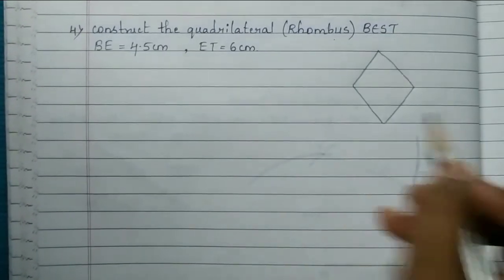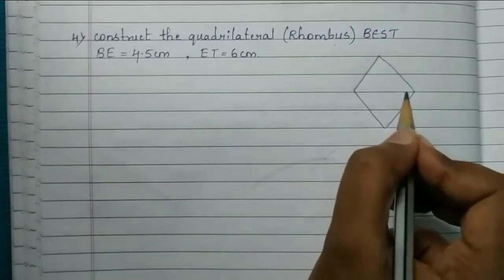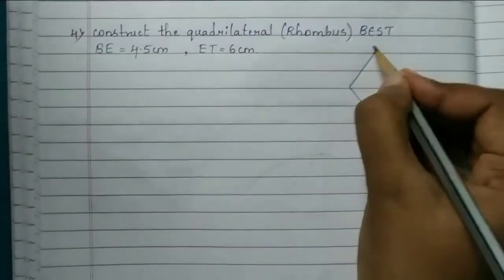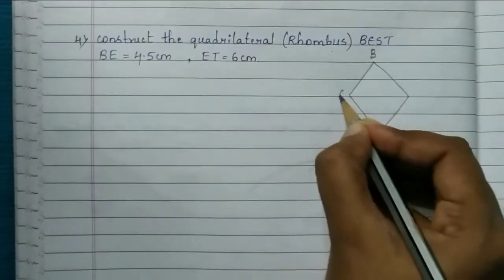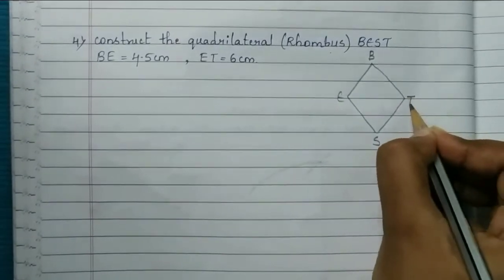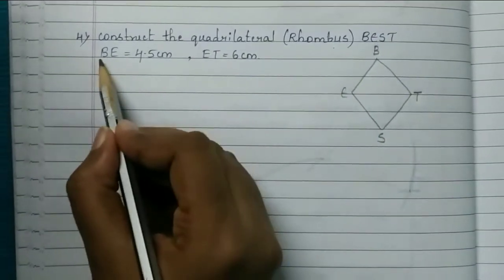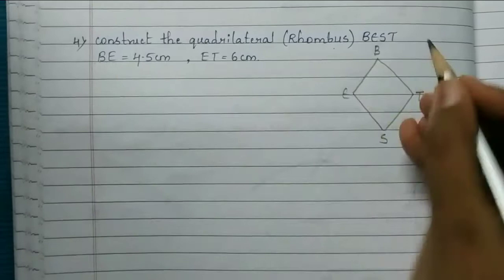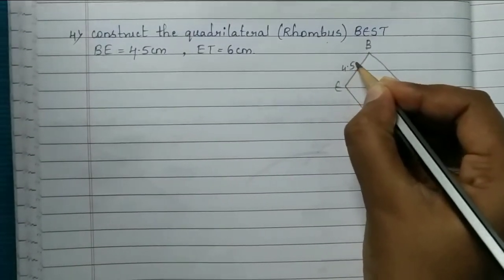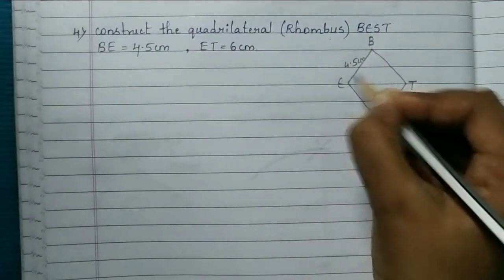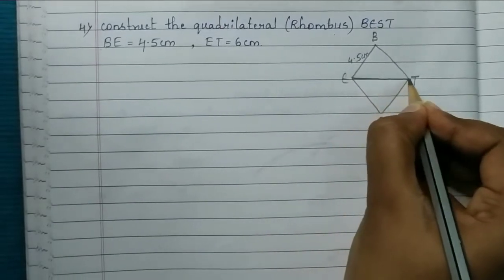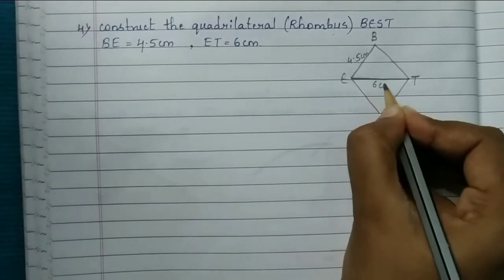Okay, so this is the rough diagram for our rhombus. So let us name this as B, E, S and T. Okay, so as they have given, our BE is 4.5 centimeter, and ET, this part, they have given as 6 centimeter.